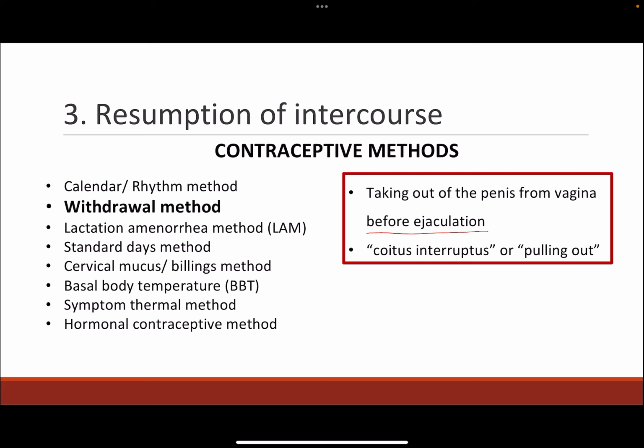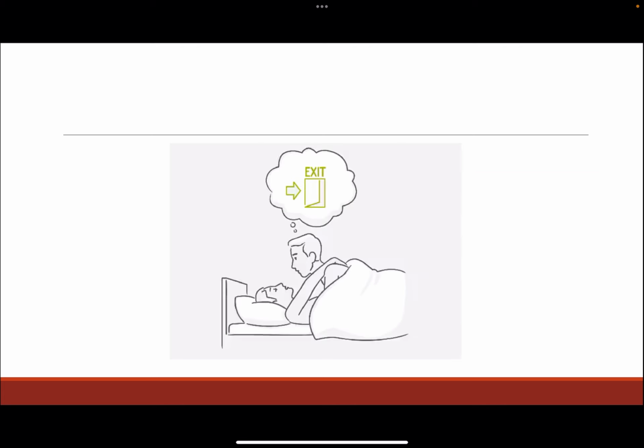If the male has the urge to ejaculate, he will pull out his penis and ejaculate outside the vagina.